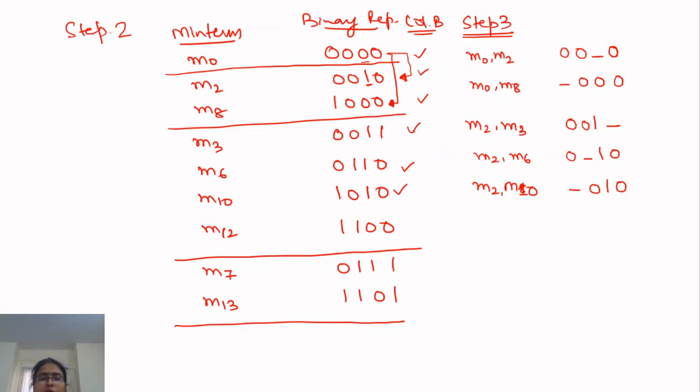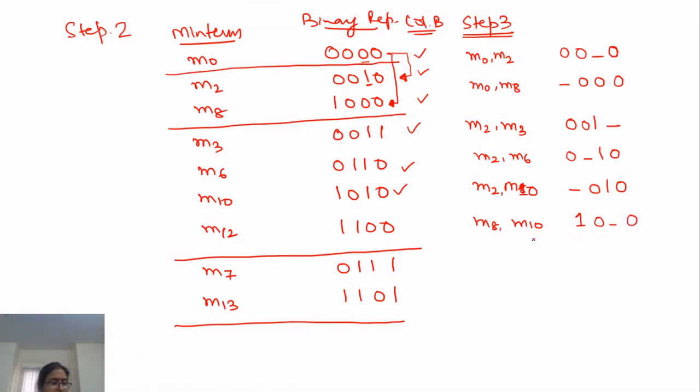Okay, now come to the 8. 8 is comparable with 3, no. 8 is comparable with 6, no. 8 is comparable with 10, yes. m8, m10, it is 1 0 1 0, so 1 0 dash 0, right?